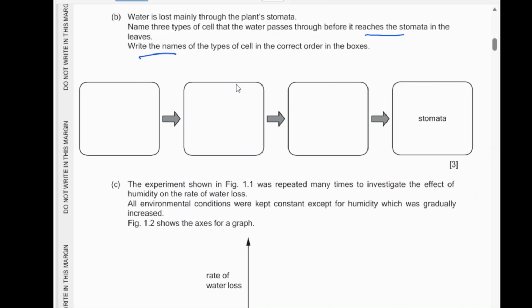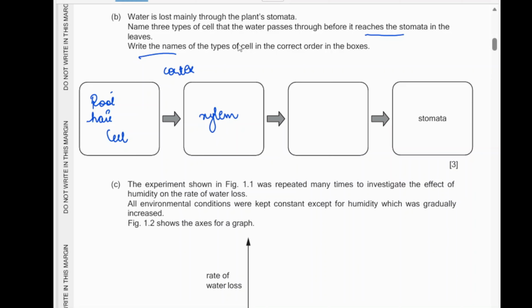We can write root hair cell. So the appropriate way is to write root hair cell. Okay, root hair cell to xylem. So in between there are cortex cells. You can write those cells as well. Both are correct.